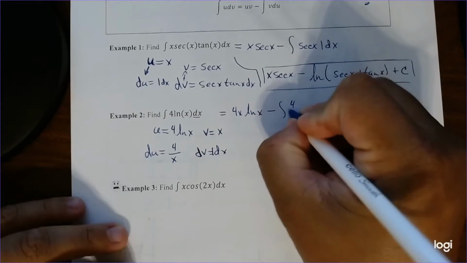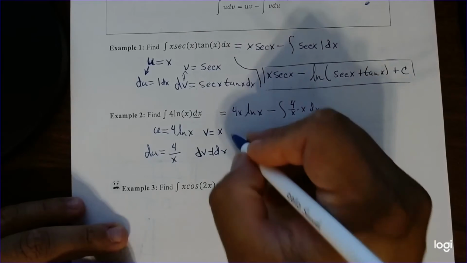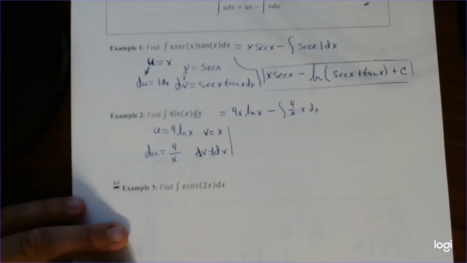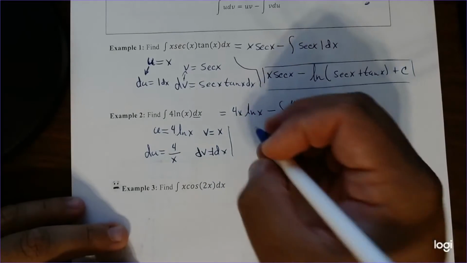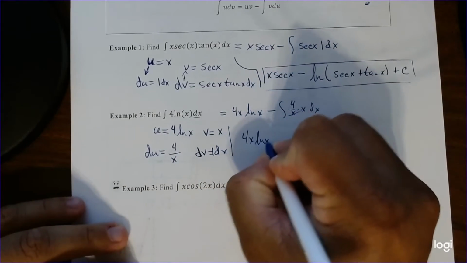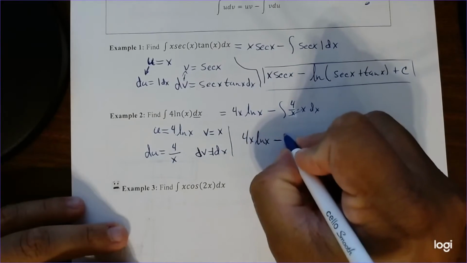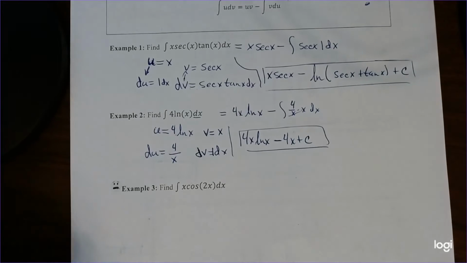So 4 over x times x, and notice that actually cancels out. So it's just the integral of 4, which is again just a constant, so it'll just be 4x. So this is going to be equal to 4x natural log x minus 4x plus c. And there we go.